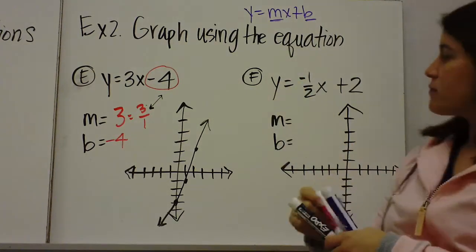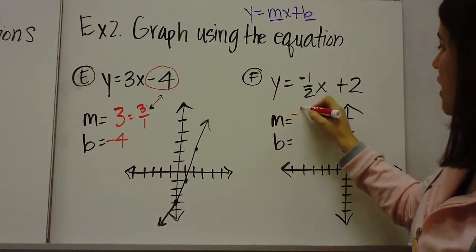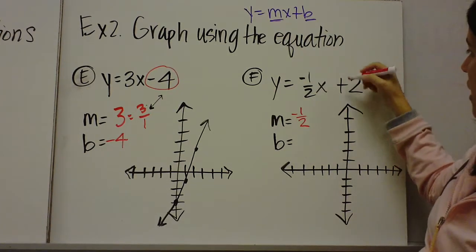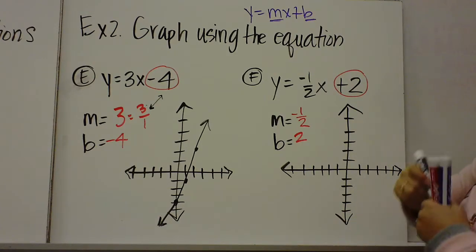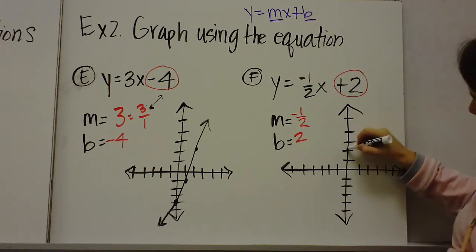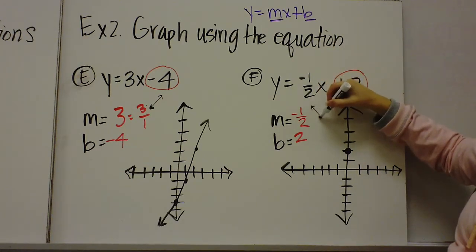So let's do this one. My m, always in front of the variable, always in front of the x, so negative 1/2. And my y-intercept is 2. So we go up 2. And then we have a negative slope. A negative slope.